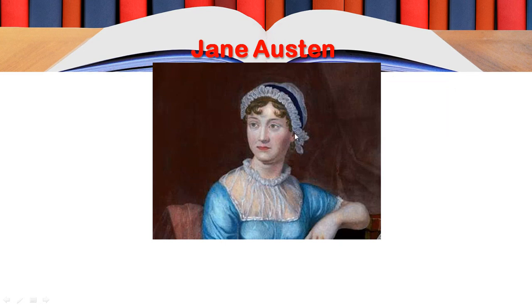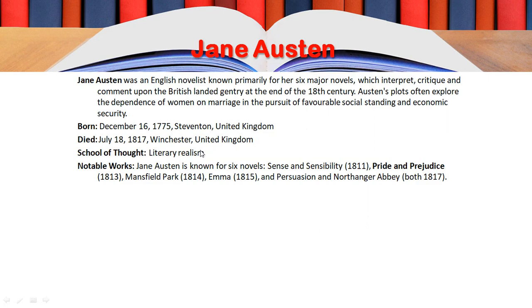The portrait of Jane Austen that you can see on the screen. The short biography of Jane Austen. Jane Austen was an English novelist known primarily for her 6 major novels, which interpret, critique, and comment upon the British landed gentry at the end of the 18th century.